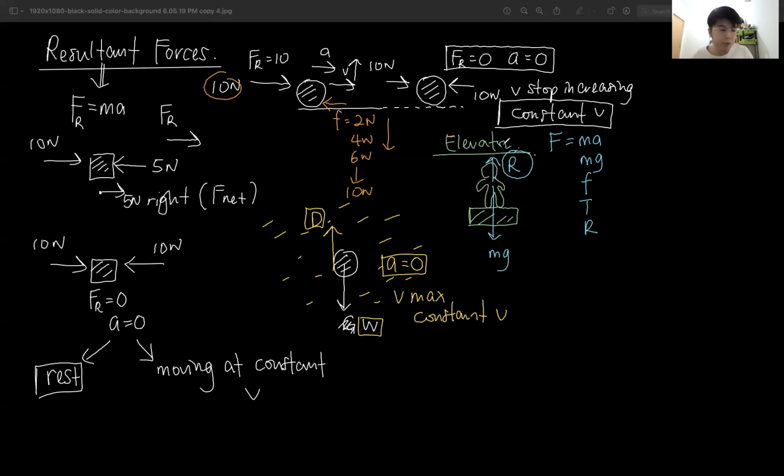That is why sometimes you feel weightless, and sometimes you feel heavier in the elevator. When the elevator is going up, you feel heavier. If it's going down, you feel lighter. If the elevator is falling, you feel like you're never touching the ground. So your experience of your weight is the reaction, and because the reaction changes, the sensation also changes.